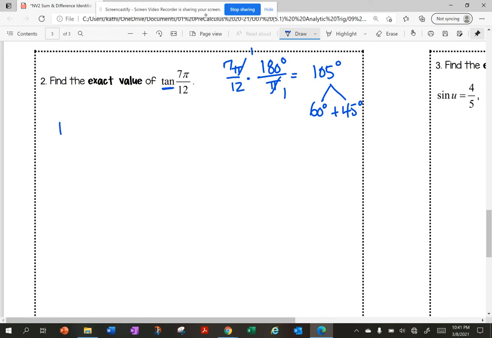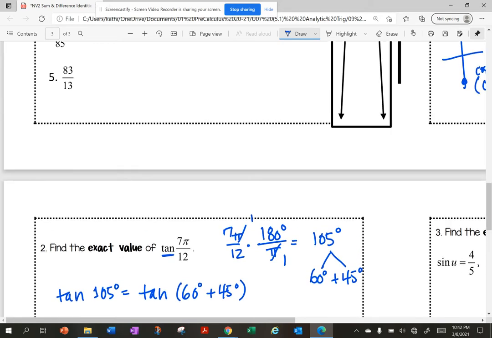So I'm going to say the tangent of 105 degrees. And looking at the tangent of 105 is the tangent of 60 degrees plus 45 degrees, because I'm splitting 105 into those two angles. So this is a tangent sum.